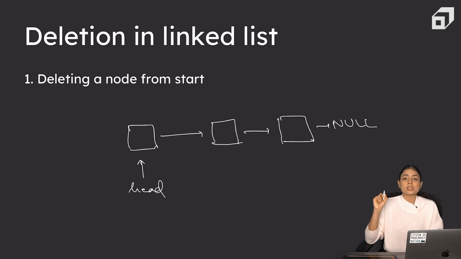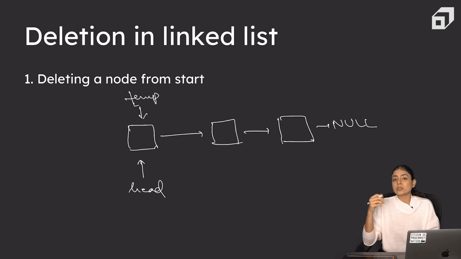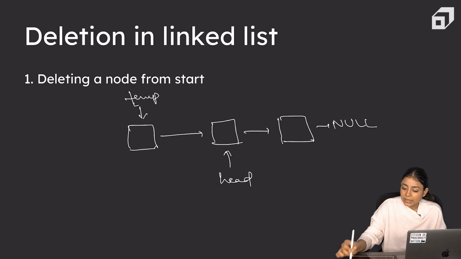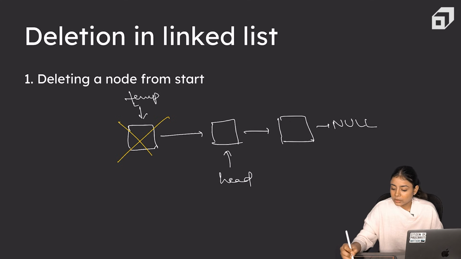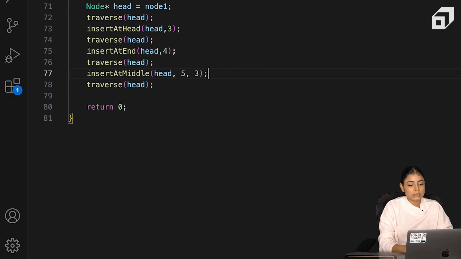So before deleting it, I'll first create a temp pointer, okay, which will be pointing to the node that needs to be deleted, and then I'll move the head pointer to its next node, all right, to the second node, and then I can say that you can free temp. Okay, we'll be using a function free that will free up the space that is occupied by this temp pointer node. Again, the time complexity here would be O of 1, right? We don't need to traverse the linked list here.